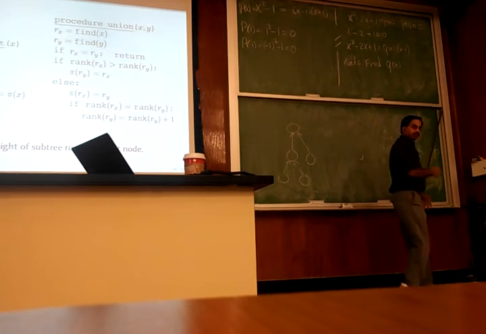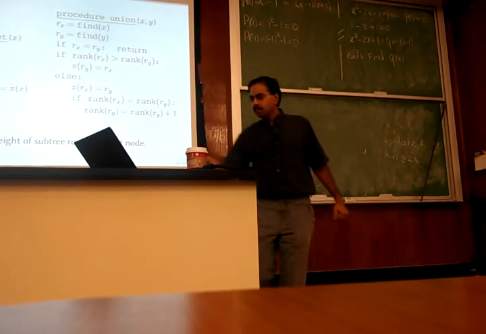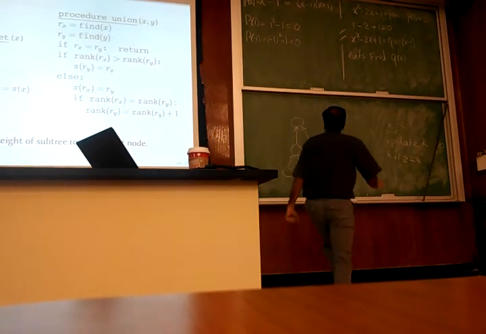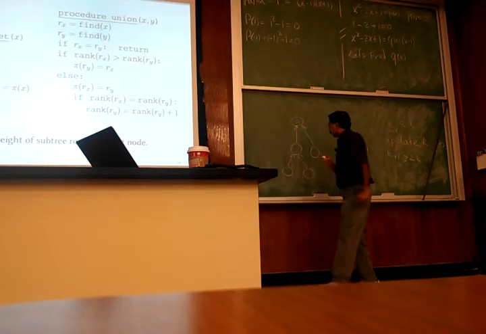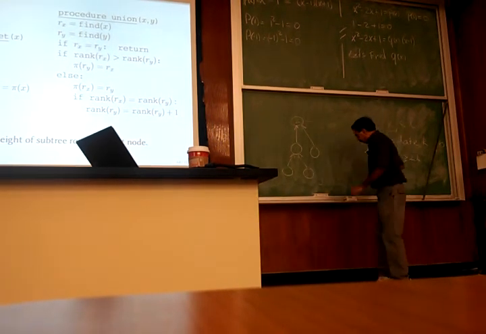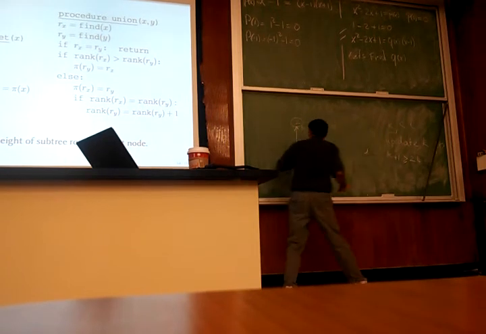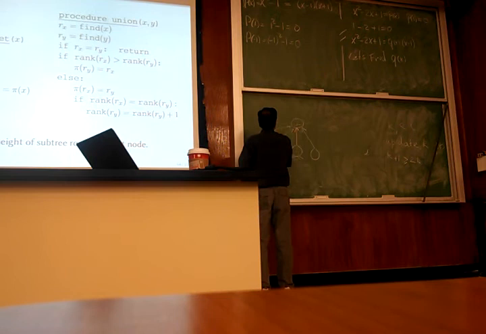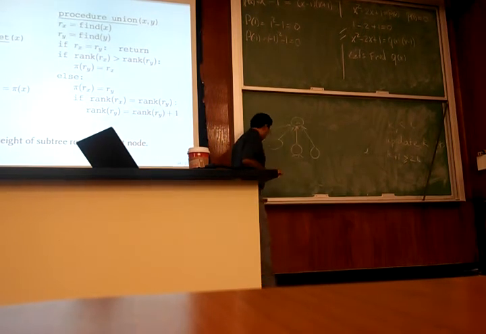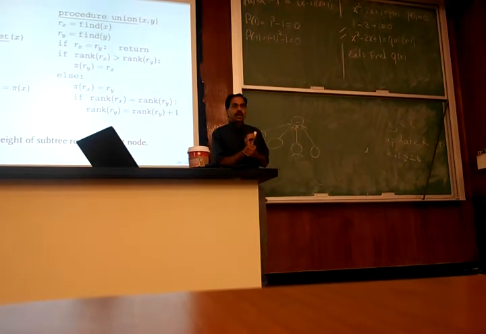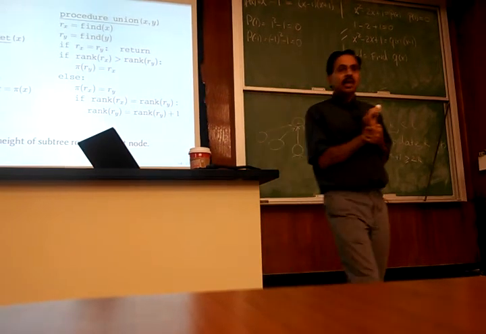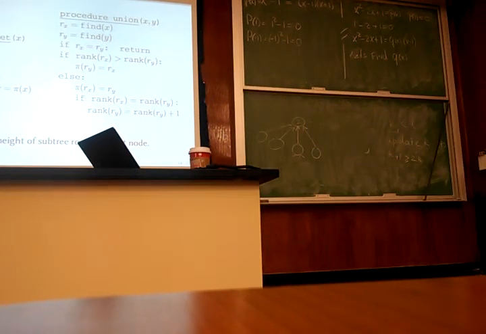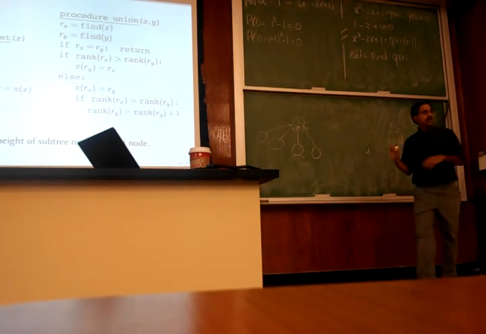So right now, the rank of this is 2. But suppose we do path compression, as a result of which these two elements become directly the children of that node. We are not going to update the rank at this point, because there's really no need, because the only reason why we are maintaining a rank is to figure out which one should I make the child of which one.